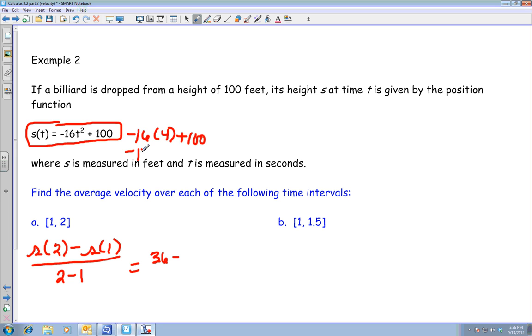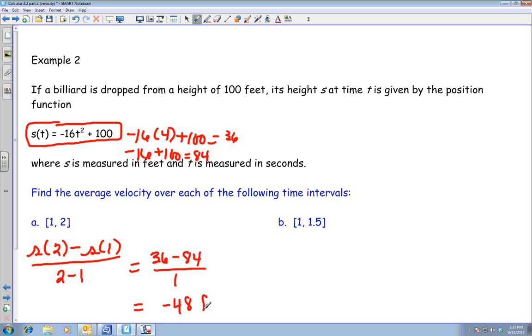So when I take 1 and plug it in, this was 36, this should be 84. So 36 minus 84 over my change in time. 36 minus 84, negative 48.